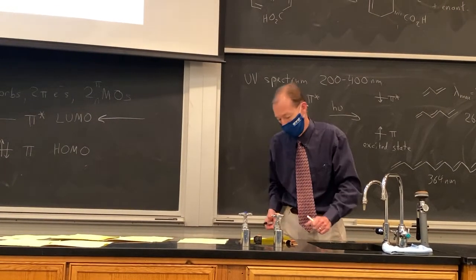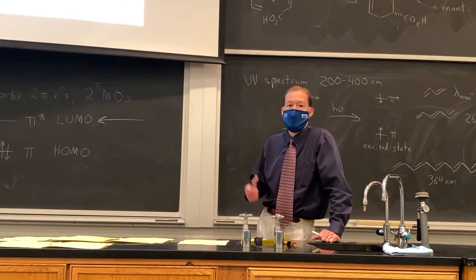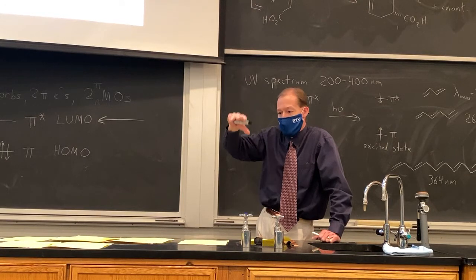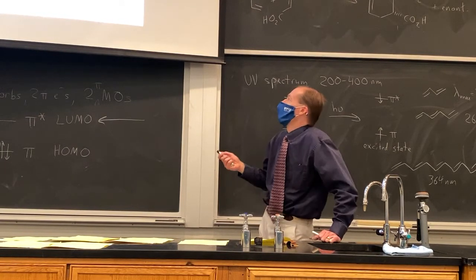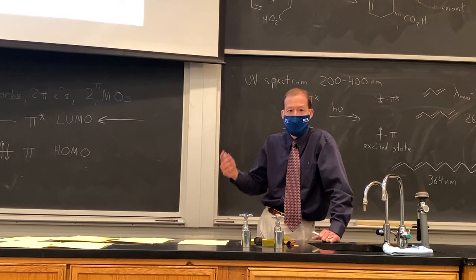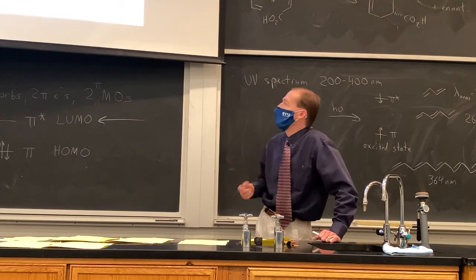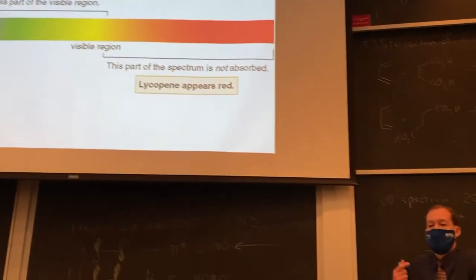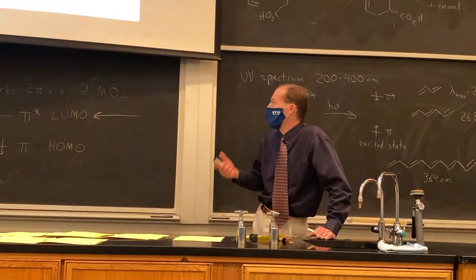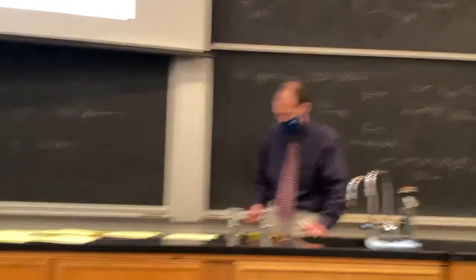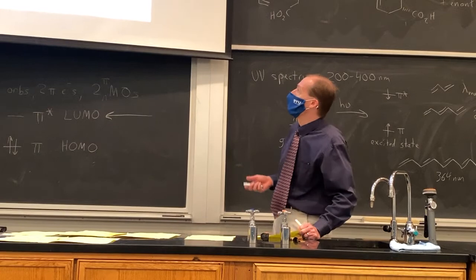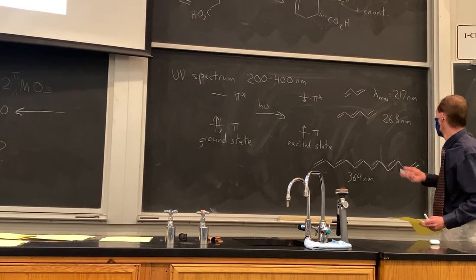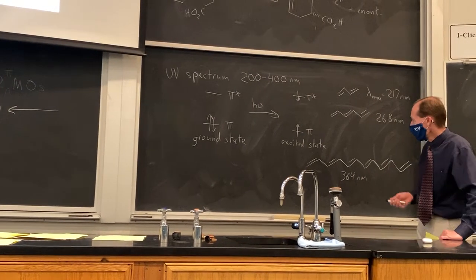The colors are going to change. The demo is called the tomato juice rainbow, because as you add the bromine to the tomato juice, as that bromine sinks down through the tomato juice and reacts with those double bonds, it decolorizes it. And it does so in a way that it goes through a different spectrum of the colors. So it's a really cool demo. I encourage you to click on the link that I will put on Learning Suite and take a look at the demo. Okay?